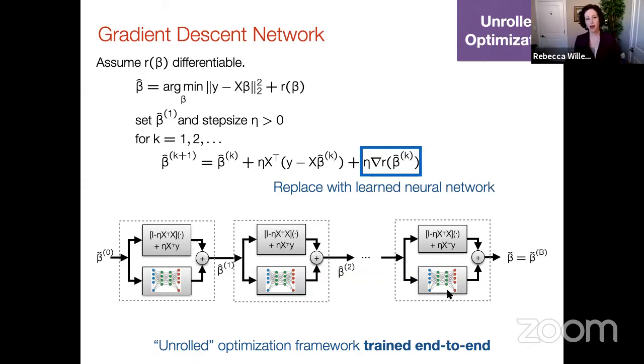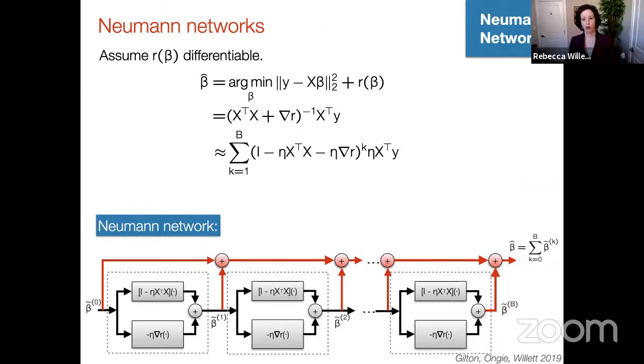Okay, we're going to come back to this unrolled optimization approach in a couple of minutes. But first, I want to show an alternative framework, Neumann networks. Again, we assume that our regularizer, R of beta, is a differentiable function, and we write our estimate as the minimum of the squared error plus our regularizer.